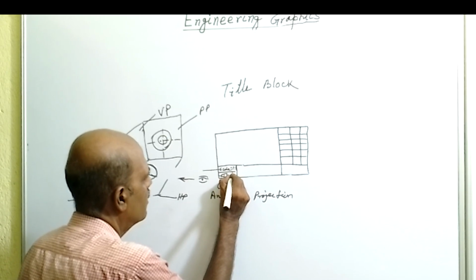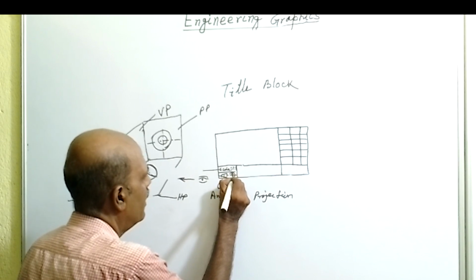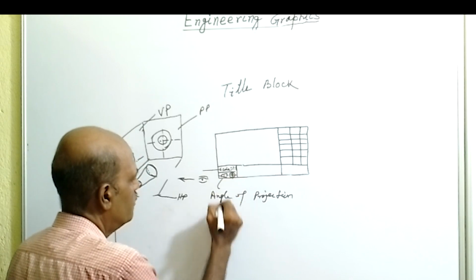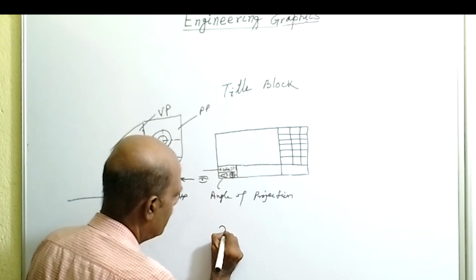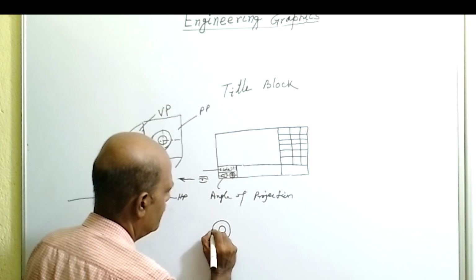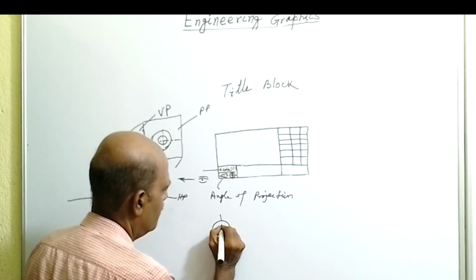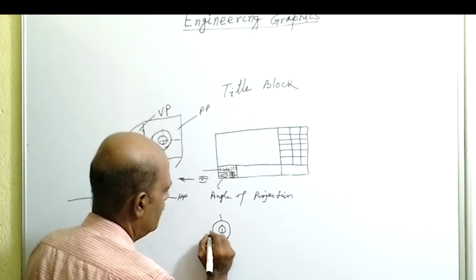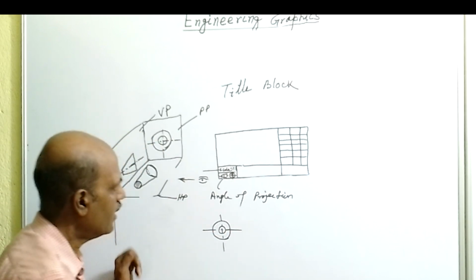First the smaller circle, in plain, and then the larger circle. If we draw it separately, it will be seen like this. This is according to first angle projection.